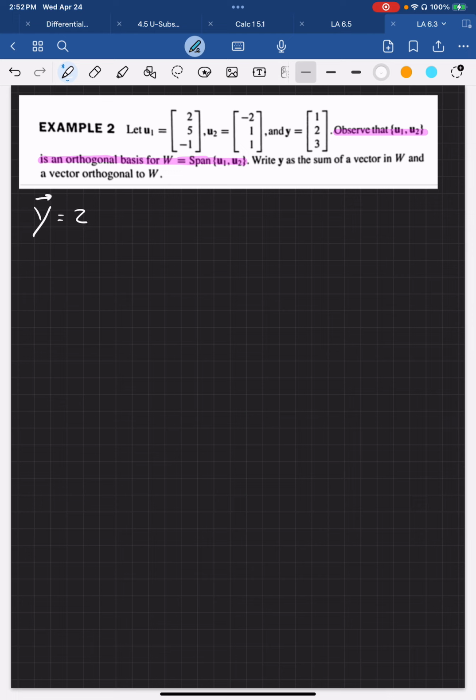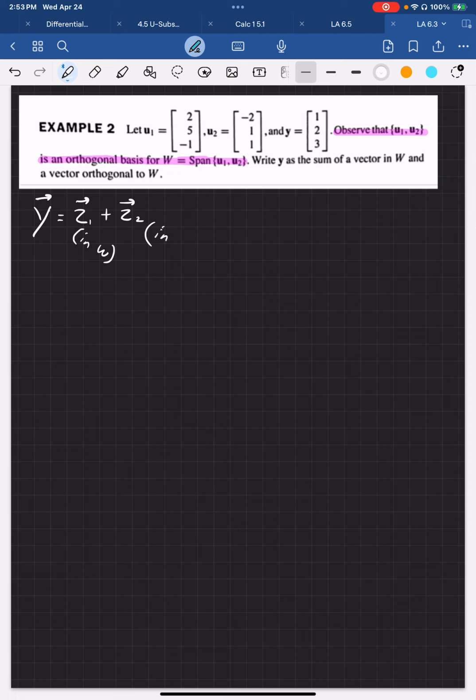So we want vector y to be written as the sum of two other vectors. This vector must be in subspace W, and this vector must be orthogonal.